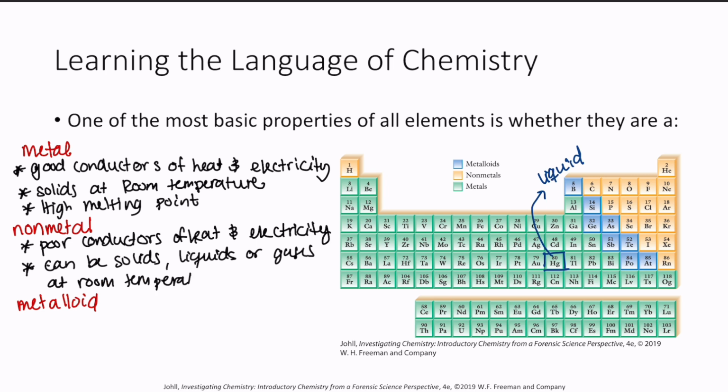Because of that, their melting points are going to vary. Some are going to be much lower than that of metals, though. So let's go ahead and add that in. They're going to have lower melting points.